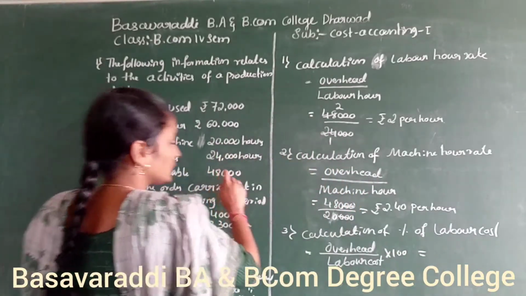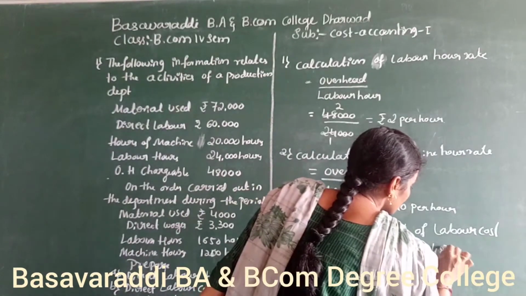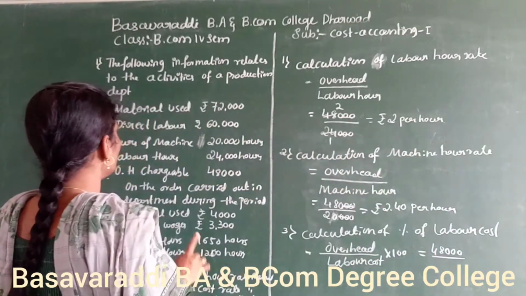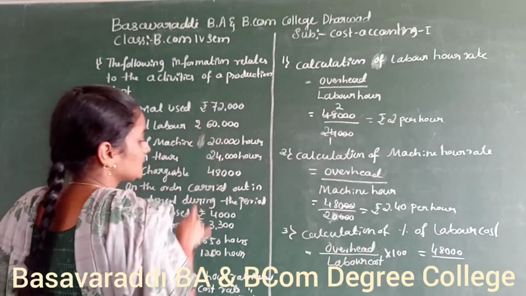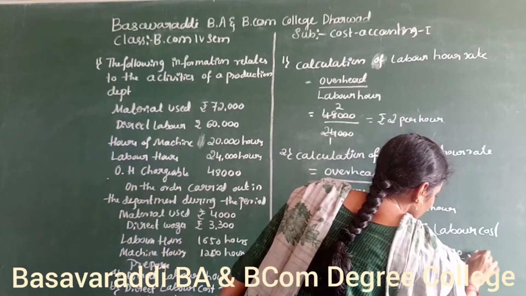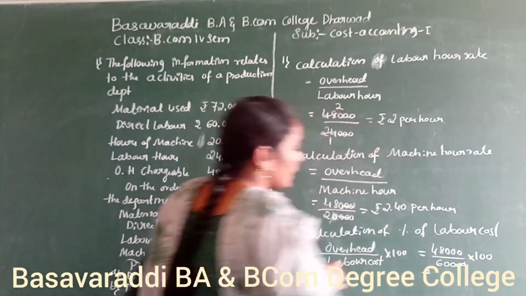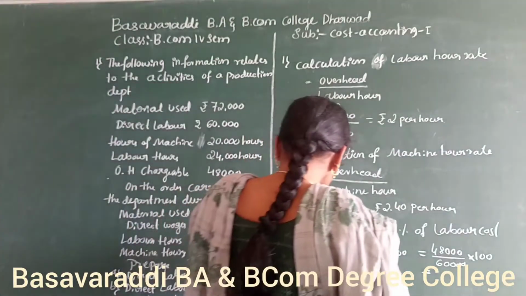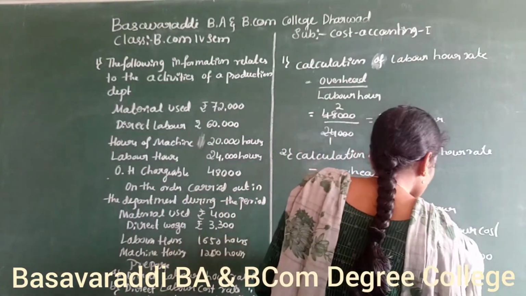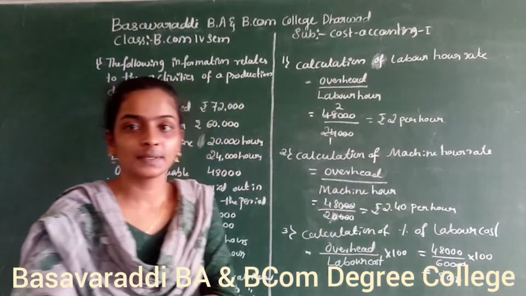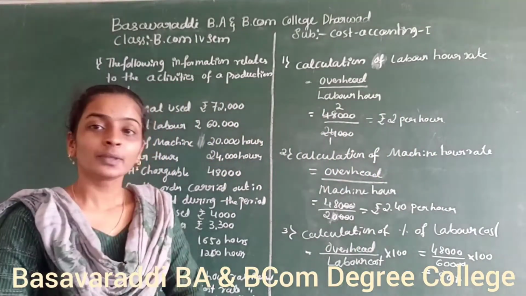Overhead is 48,000 divided by labor cost. Labor cost is 60,000 into 100. 48,000 into 100 divided by 60,000. The answer is 80%. I hope you understood the problem.